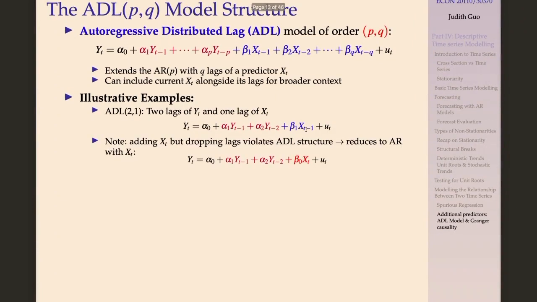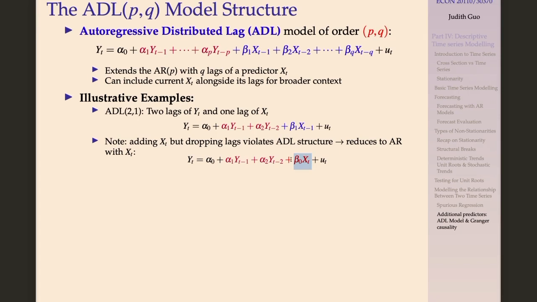Now, one thing you have to be careful about is if you add the current X_t, but you drop the lags of X, that violates the ADL structure. It's no longer an ADL model because there are no lags of X. Okay? This is simply an AR model with an additional variable X. So the model we have here, where we have beta naught X_t, but dropping beta 1 X_{t-1}, is essentially an AR(2) with X_t.